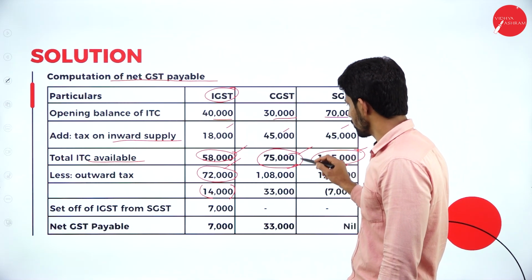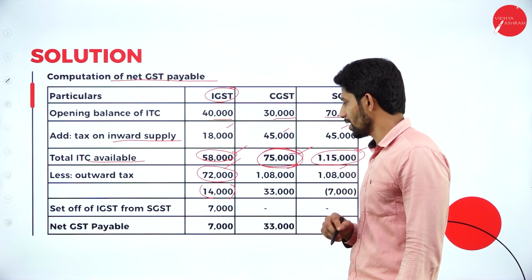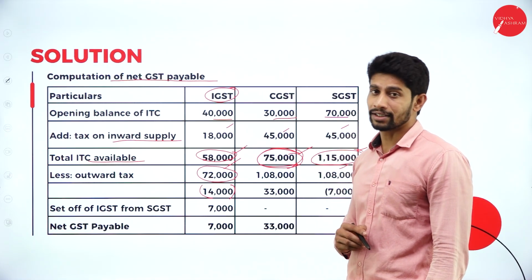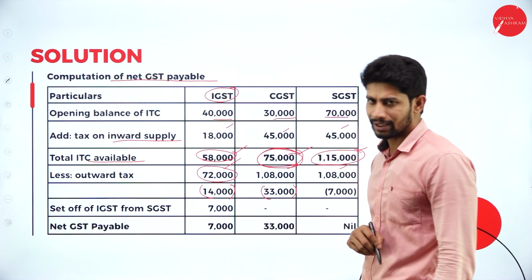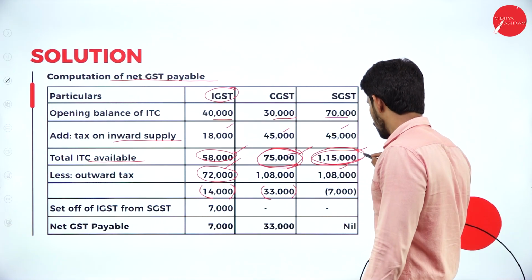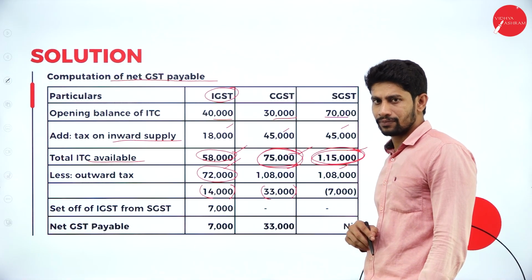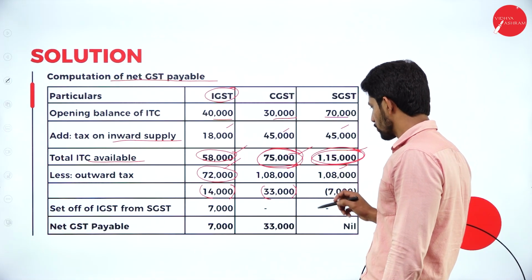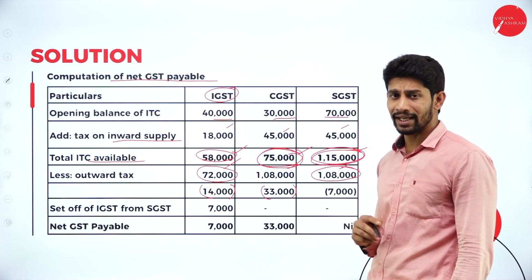Next, in your account you have 75,000 under CGST. But you are supposed to pay 1,08,000. So still you have to pay 33,000. Next, under SGST you have 1,15,000 in your account, but you are supposed to pay 1,08,000.